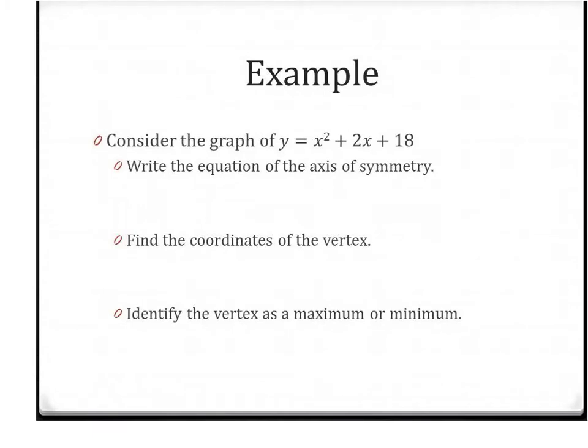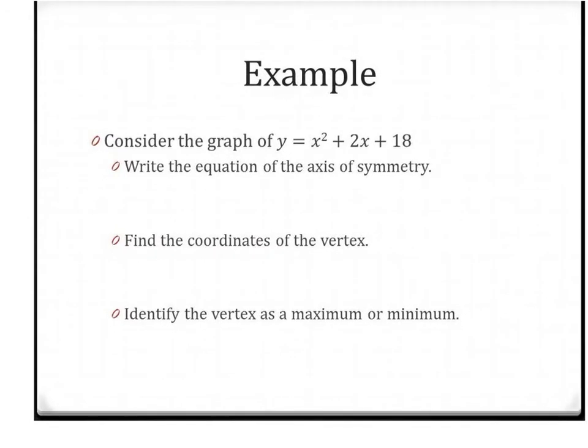So let's follow our steps to graphing y equals x squared plus 2x plus 18. The first thing is we want to write the equation of the axis of symmetry. So that is going to look like x equals negative b over 2a, our formula we wrote down. What is a and what is b in this case?